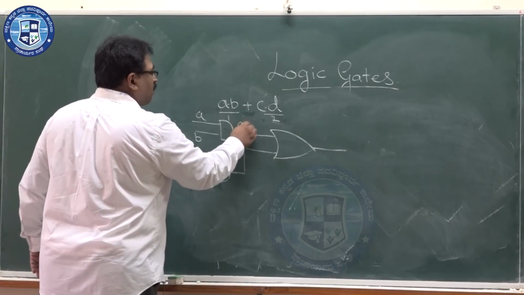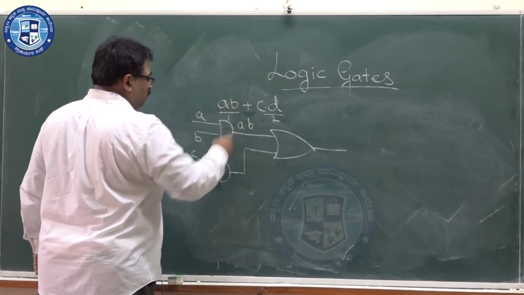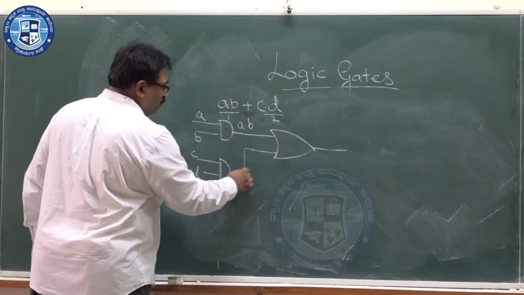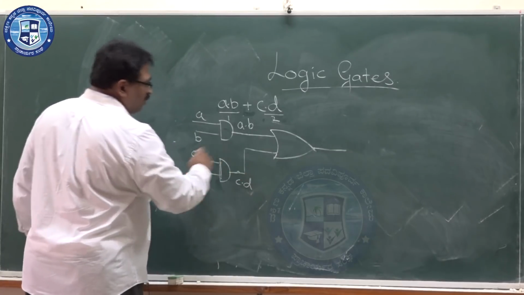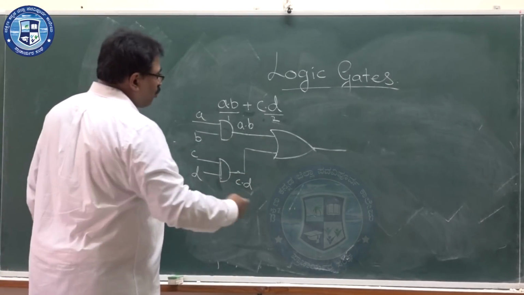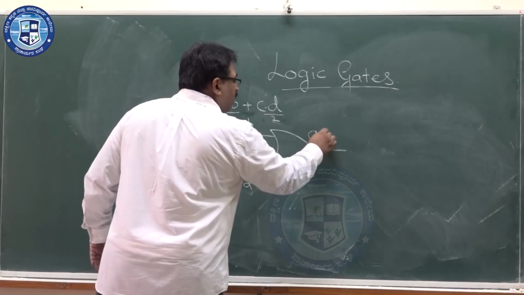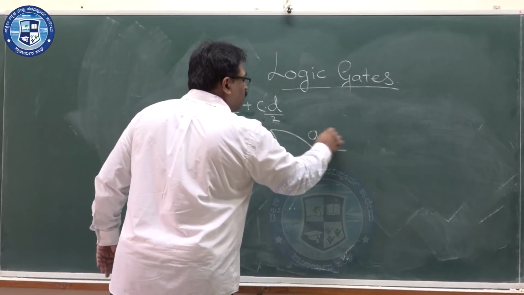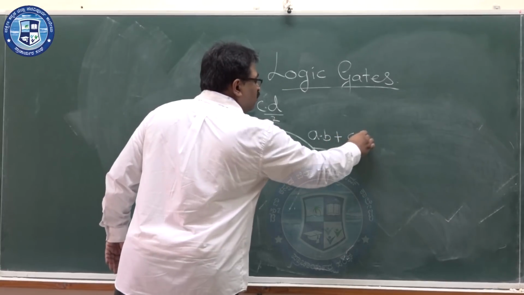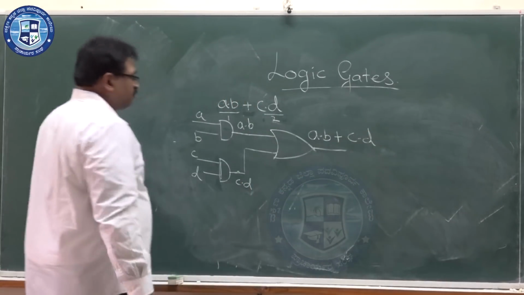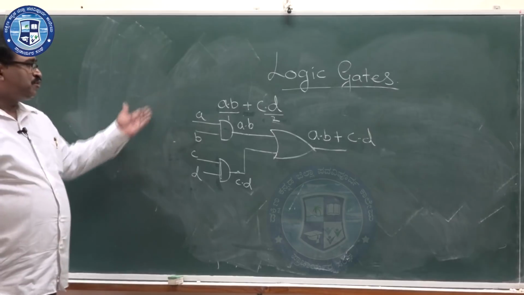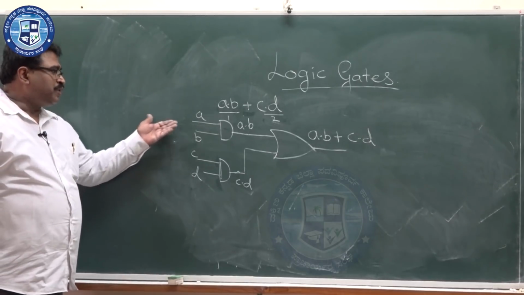This is A dot B. The output will be C dot D. This we are giving to an OR gate. So this becomes A dot B plus C dot D. So this is the circuit which we have drawn.